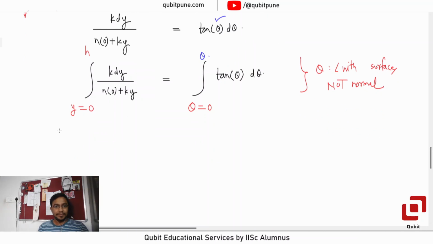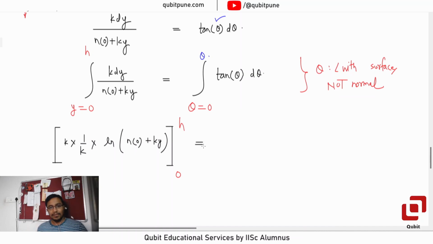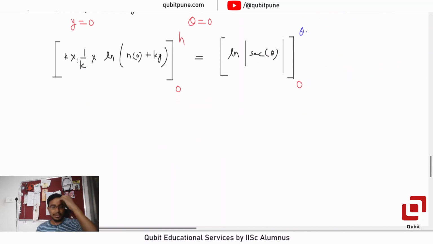Now we can integrate this. On integrating, k into 1 upon k ln, no need to write mod, it's already guaranteed that it's positive, n0 plus ky with limits 0 to h is equal to the integral of tan theta, which is ln sec, with limits 0 and theta. k is going to get cancelled, and what will we get now?